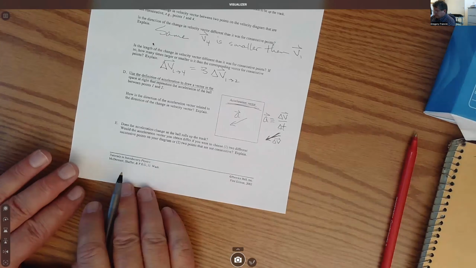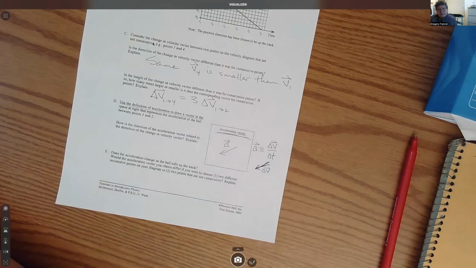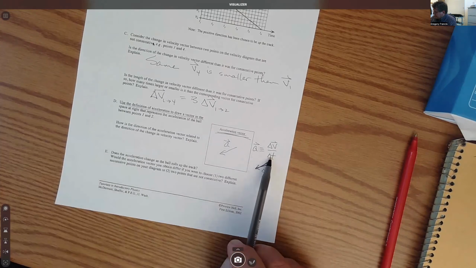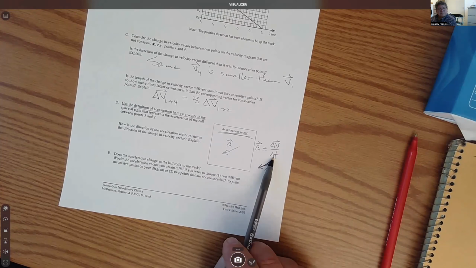Now, the reason for this is clear if you recognize that time is always marching forward. We can't go backwards in time unless we have a DeLorean and a flux capacitor, if you saw the movie Back to the Future. So that means that I'm dividing this delta V vector by a positive number.